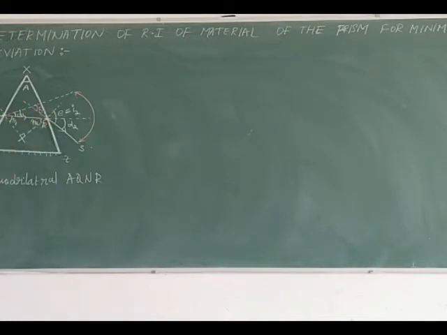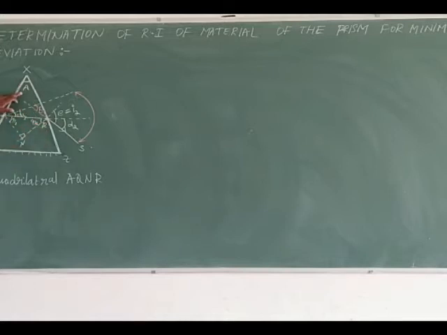AQNR is the quadrilateral, with opposite angles A and QNR. In this quadrilateral AQNR, the angle A plus angle N, you give the name N, angle QNR.